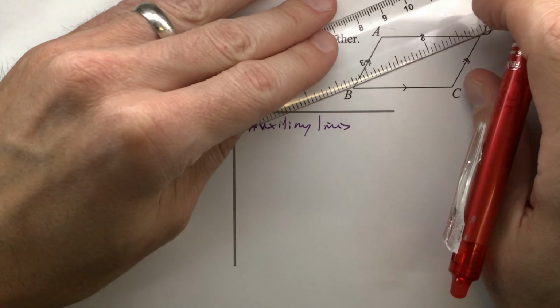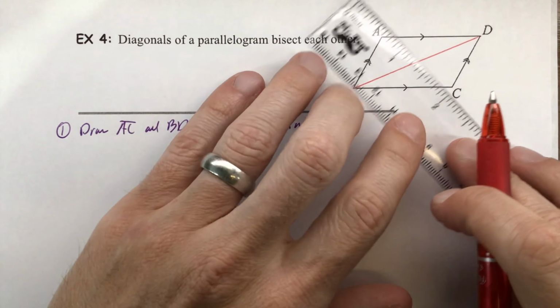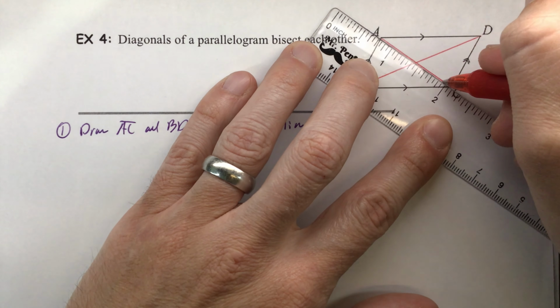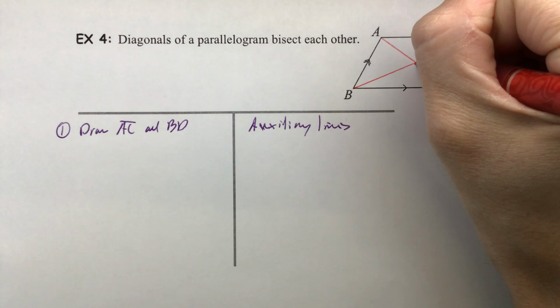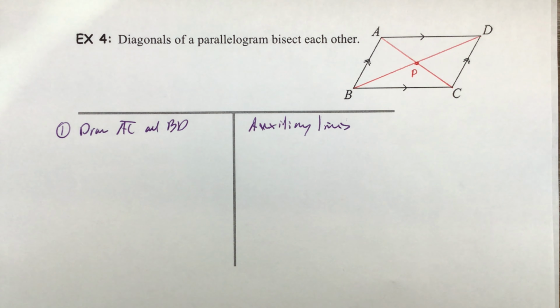Let's get those added in here. They are going to create a point of contact, which will be important. So that point, I'm going to just call it P.